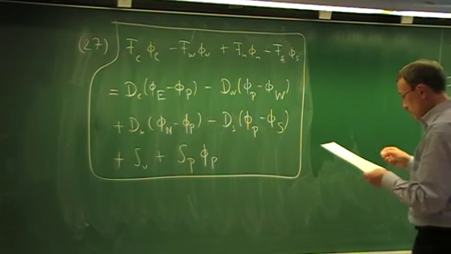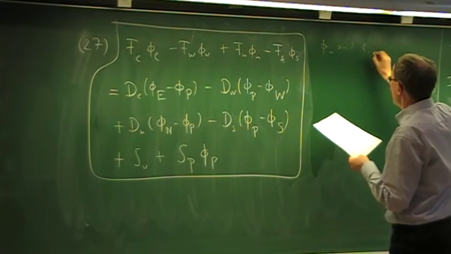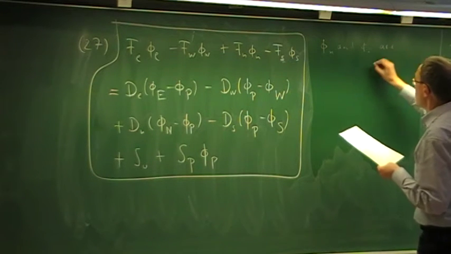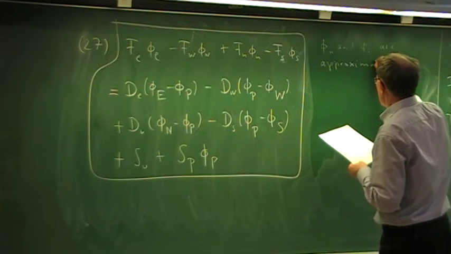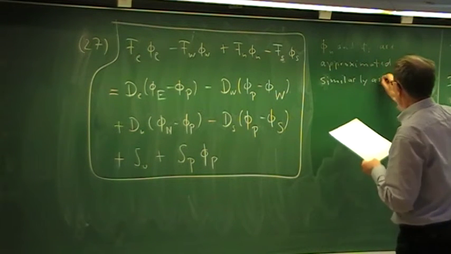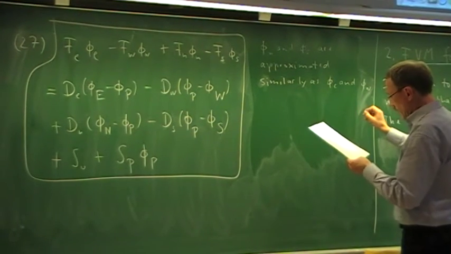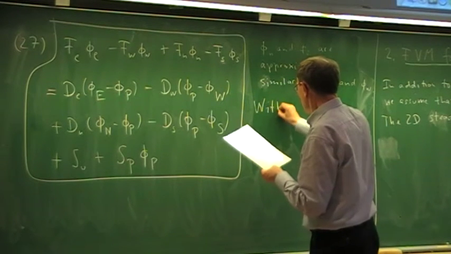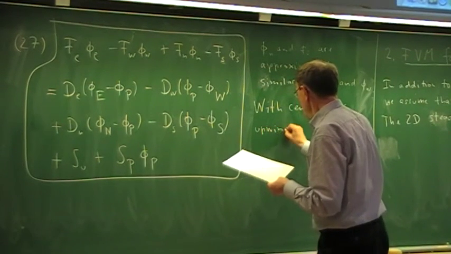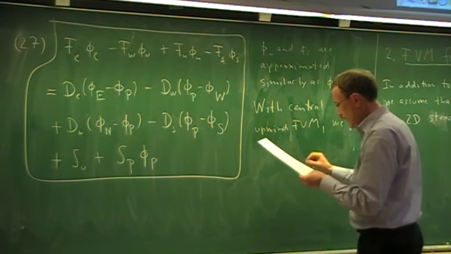So that means the phi n and the phi s, the ones that we have here, these and these, are approximated similarly as we discussed before for phi E and phi W. And if we use central, or if we use upwind finite volume method for the convective fluxes, we get a penta-diagonal linear system.